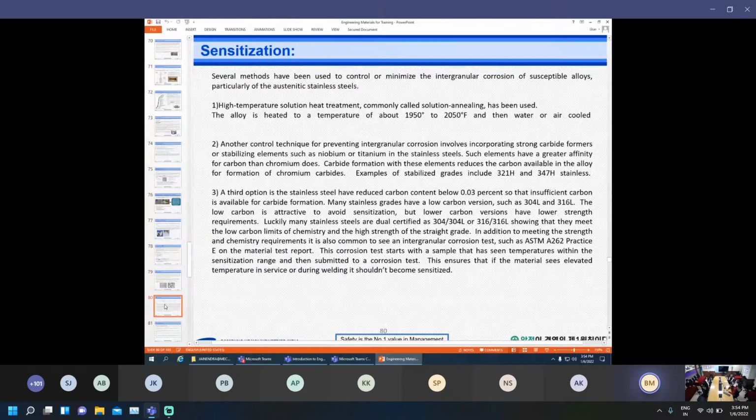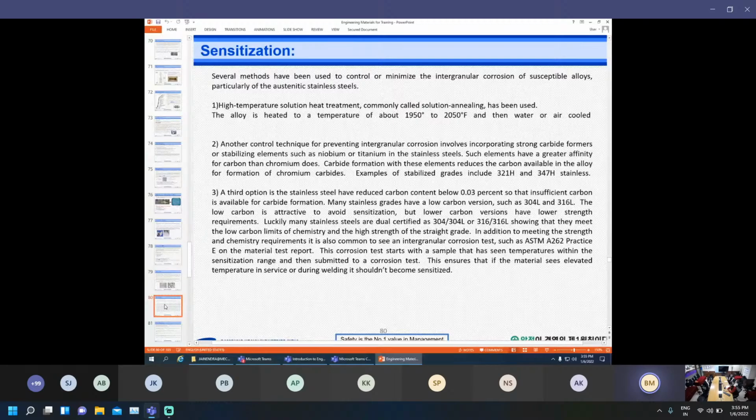Niobium and titanium make carbide if you are adding this material. If you are not adding this material, what will happen is that chromium will deplete. Okay. Chromium will make a carbide formation and it will be chromium carbide. So the purpose of chromium was to protect from the corrosion.